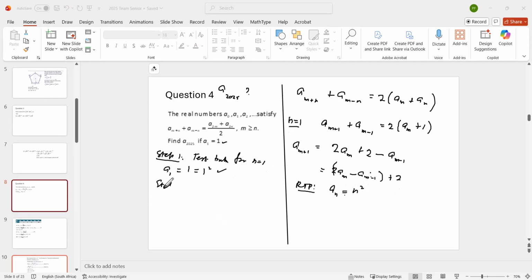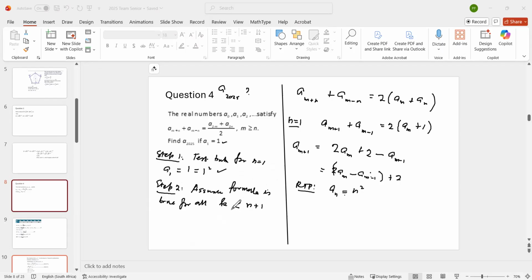Step 2 is assume. This is called the induction assumption. Assume that the formula is true for all numbers, say k, less than n plus 1.